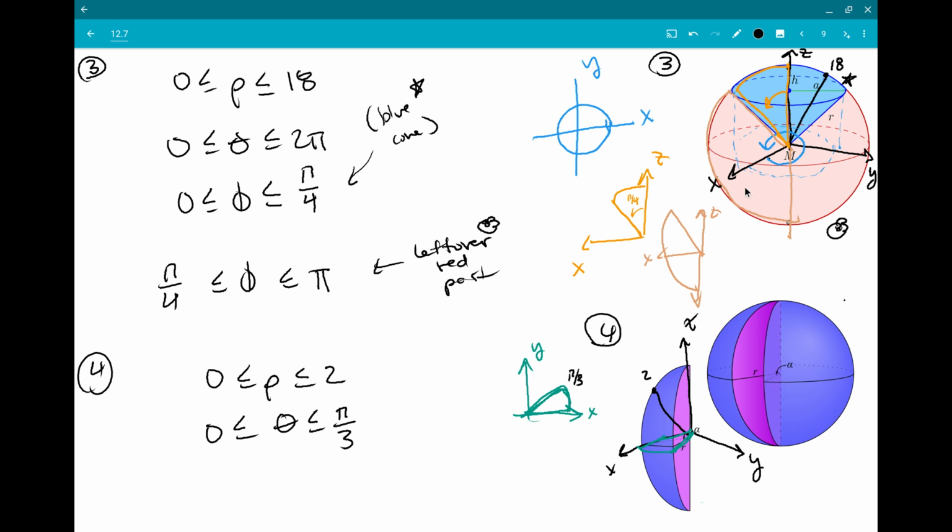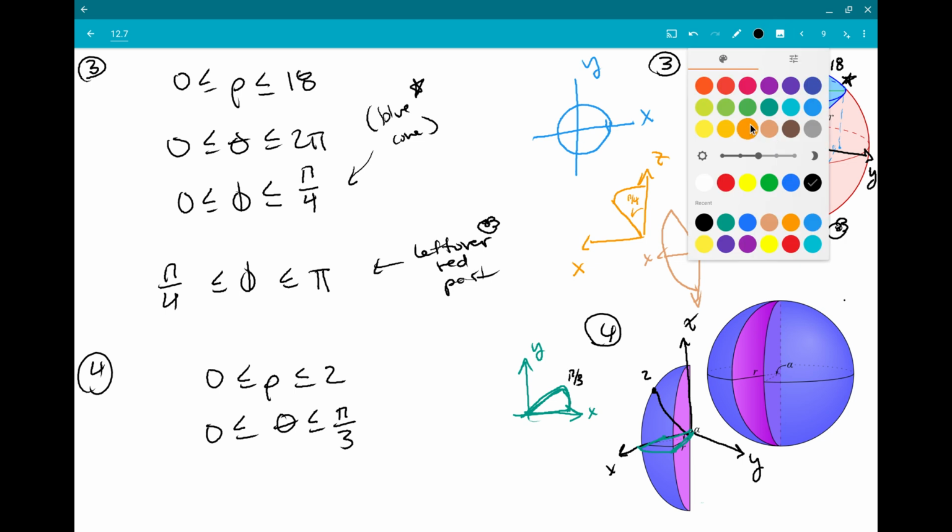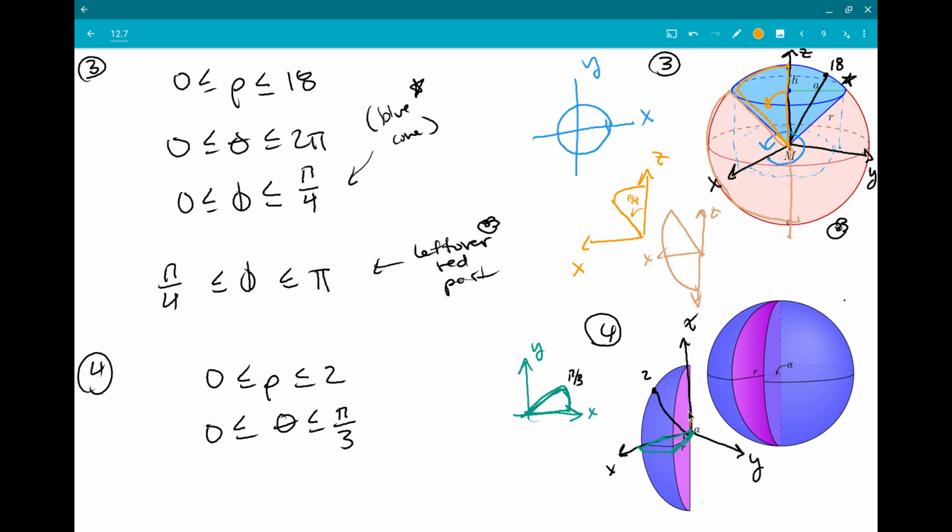And then our phi, we're going to get by starting from the positive z-axis. So that's up here. And then spinning all the way down to the negative z-axis. So that's right here. That's the smiley face shape of an orange wedge. And so what I'm looking at is here's z, going all the way down.